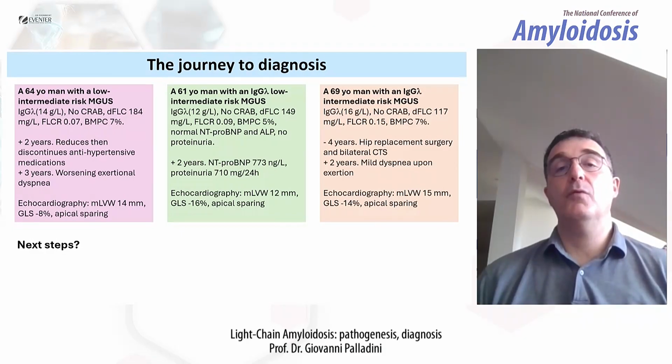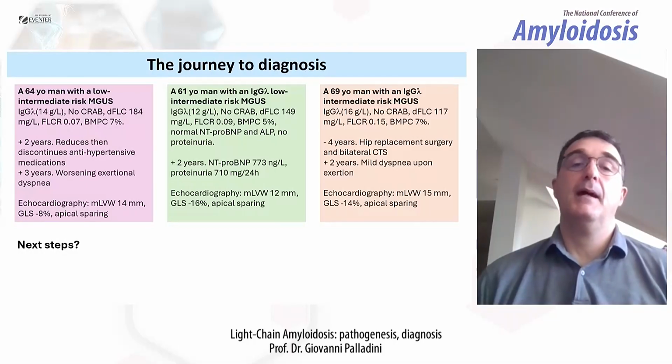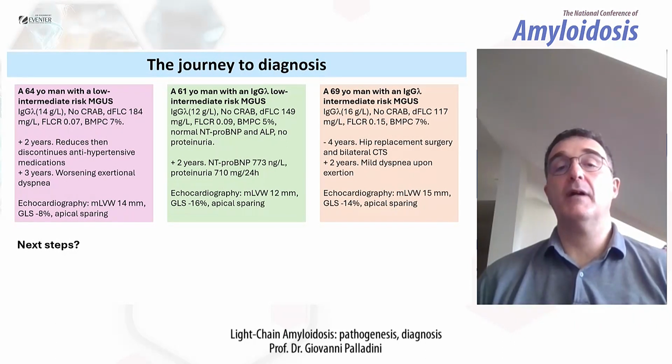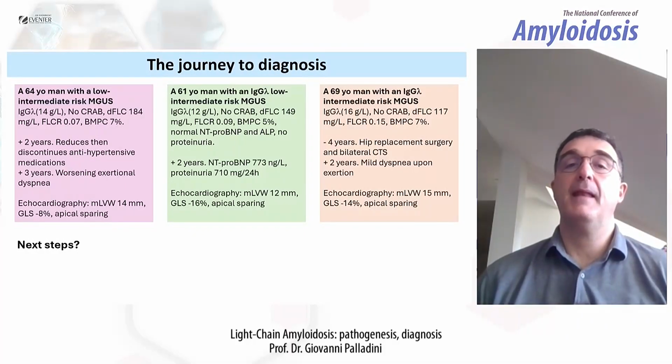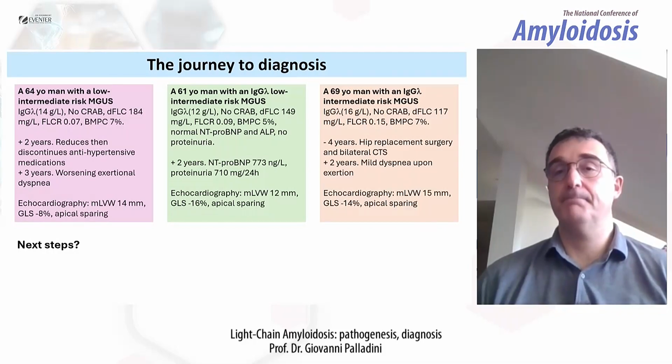And what happened after 2 years of monitoring of this MGUS, the patient had a slight increase of NT-proBNP and proteinuria. Again, echocardiogram was performed, and although less evidently than in the first patient, amyloidosis was also suspected. And that patient, the second patient, did not have symptoms.